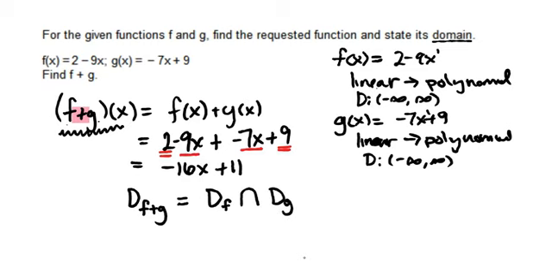So we're only going to use the values in the domain that overlap. Well, in this example, both individual functions have a domain of all real numbers, and so they're going to overlap in all real numbers. So the domain of f plus g is also all real numbers, or negative infinity to infinity.